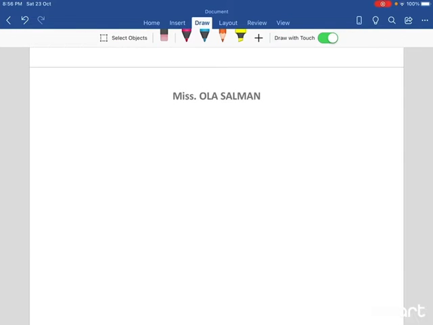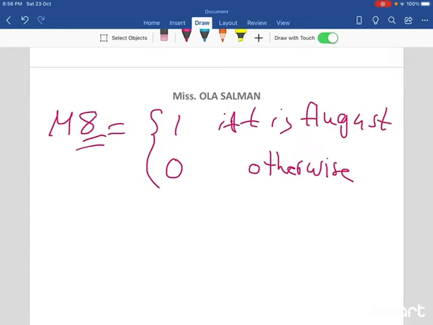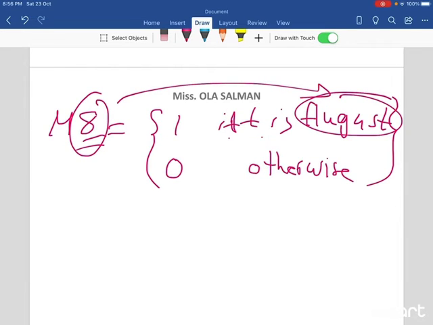M8 equals 1 if the month is 8, that means August, and 0 otherwise.